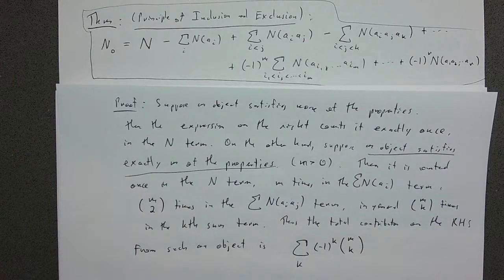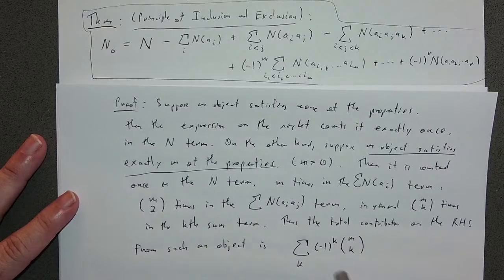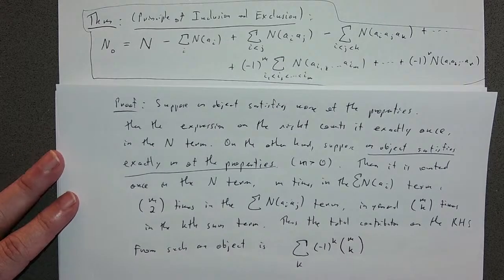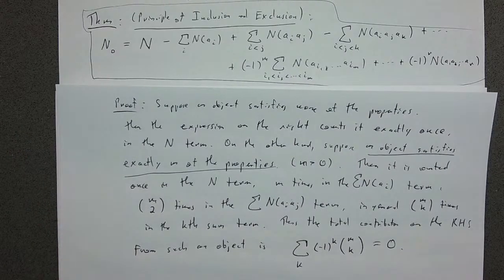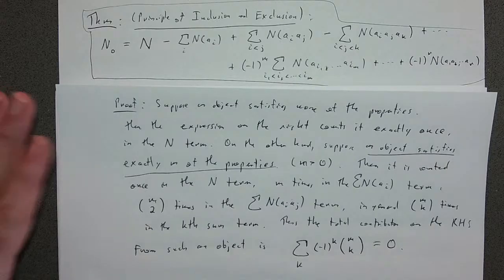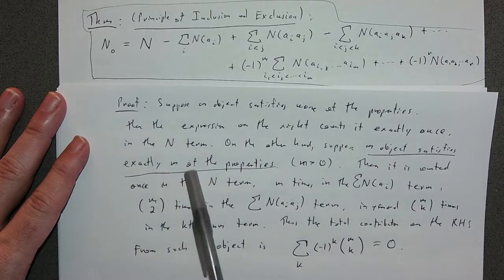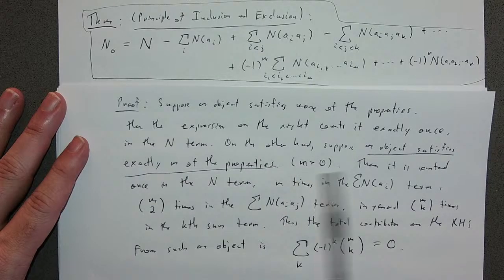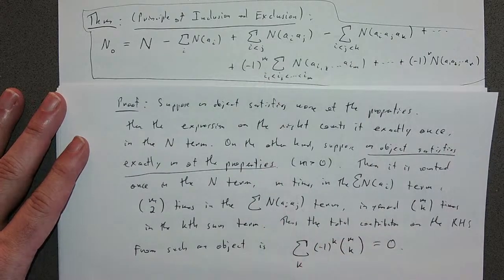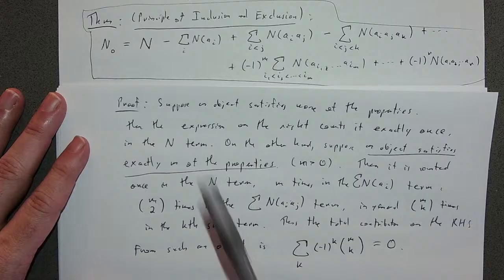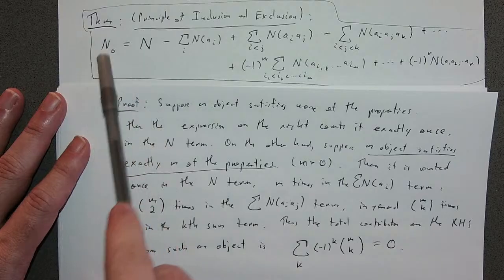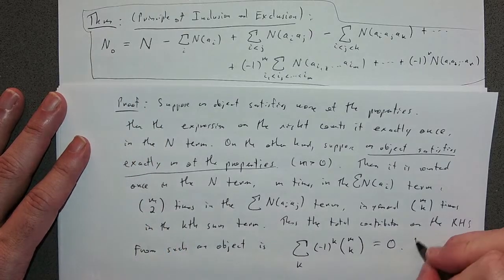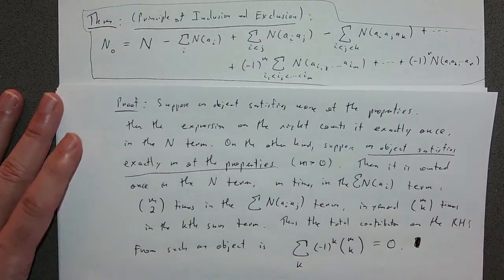But we know what an alternating sum of binomial coefficients is. This is just an alternating sum across a row of Pascal's triangle. We know that's 0. So an object satisfying exactly m of the properties where m is greater than 0 contributes 0 to the right-hand side. So then what is being counted here? Exactly the number of objects that satisfy none of the properties, which is what our principle of inclusion-exclusion says.